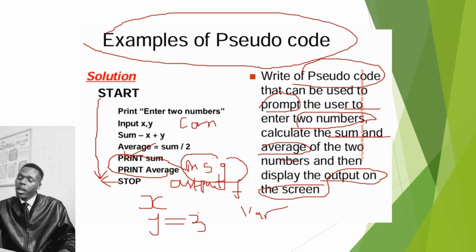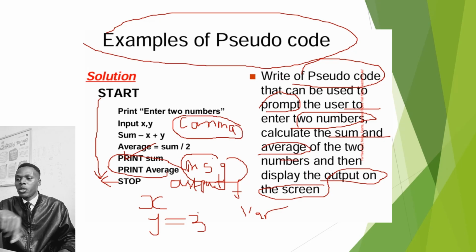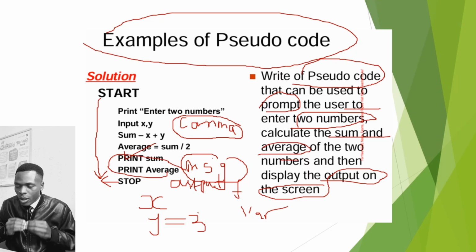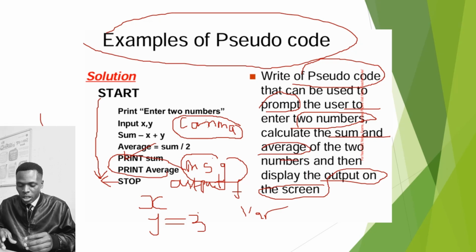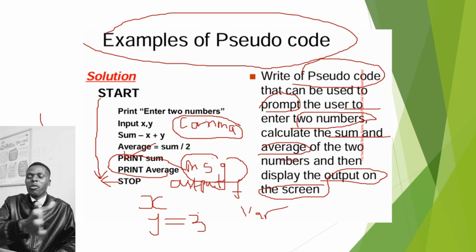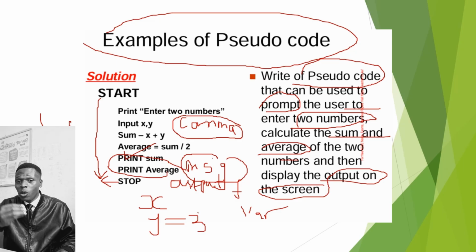But now x and y, you input the two numbers, and the program should do the sum is equals to x plus y, and the average. Remember, you are not supposed to tell us the calculation. Instead of writing sum is equals to x plus y, you do not say do the sum of x and y, because there is no directing us.